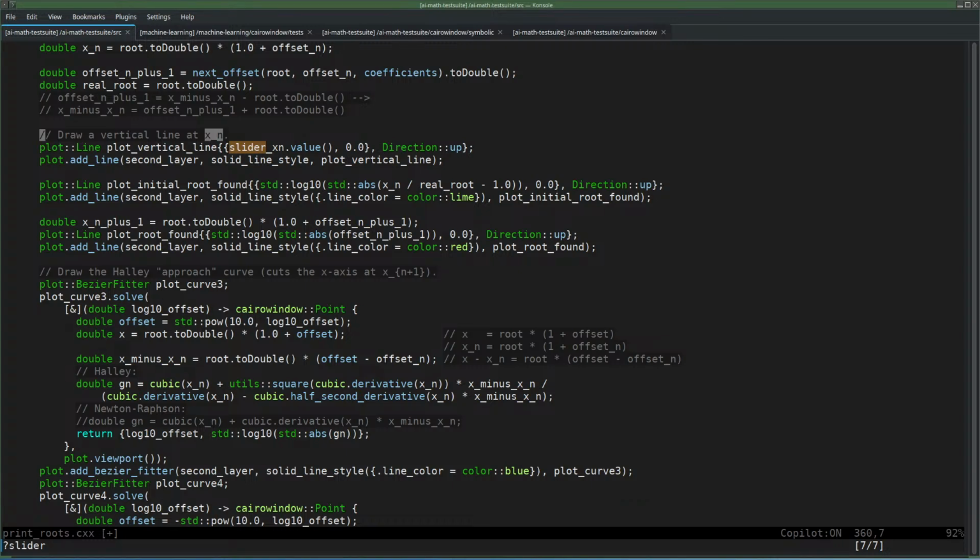How do we do that? It draws a vertical line at xn. What is this? Initial root found. Ground zero.